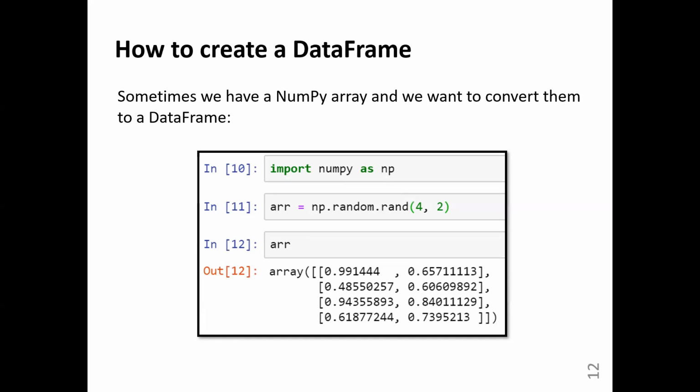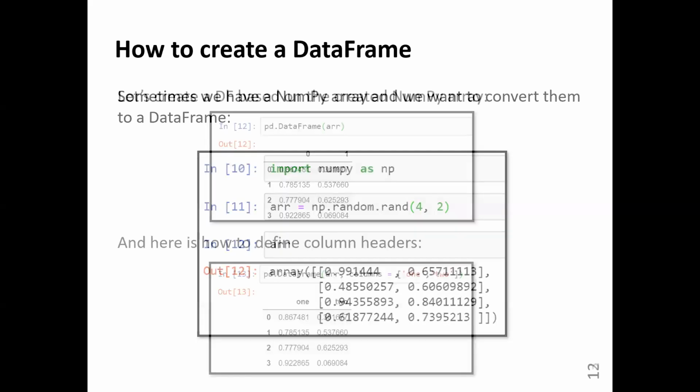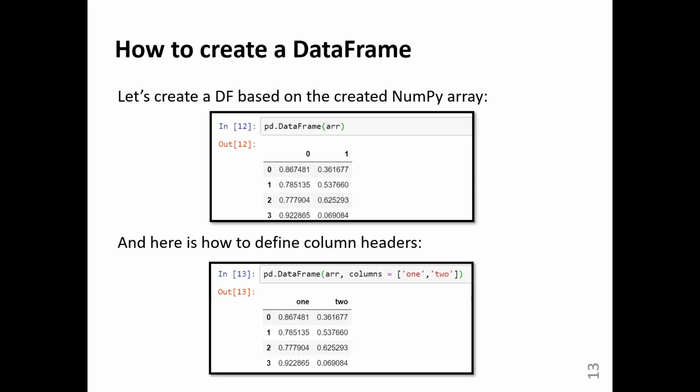Yours should definitely be different from mine. And the thing is, as simple as that, whatever your array is, you simply say pd.DataFrame, and you pass the array as an argument of that method. So it's going to show you, like what we learned before, rows and columns, but it's not a matrix. It's a data frame.